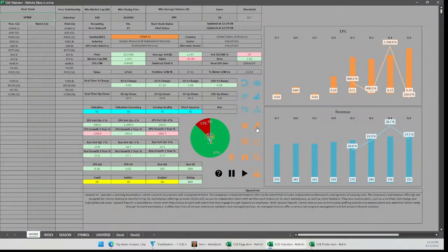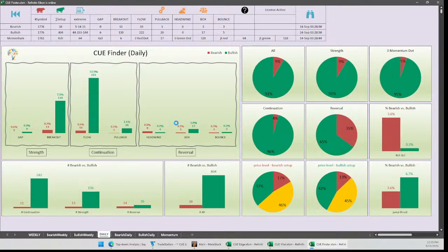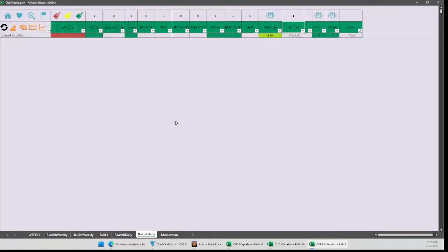Now I would also like to, I already showed that on charts, but let's also look up the technical signals for this individual stock. You will see I see a number of signals from Q Finder before even opening the chart. Upwork, I looked it up from Q Finder, is at extreme low.